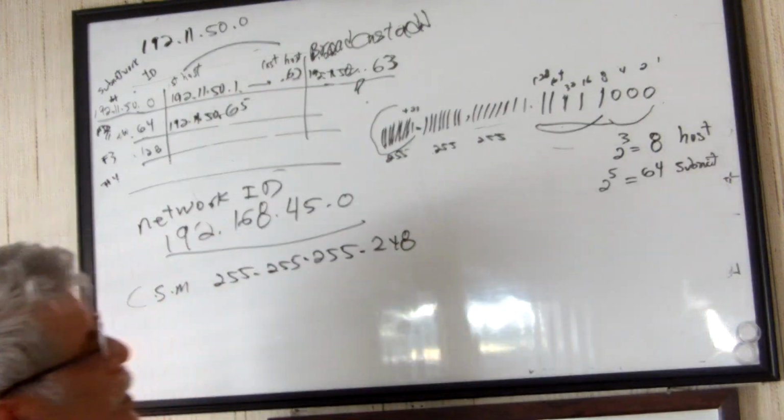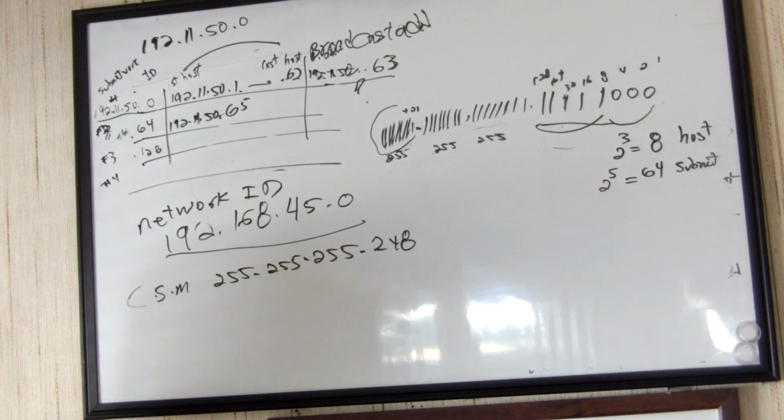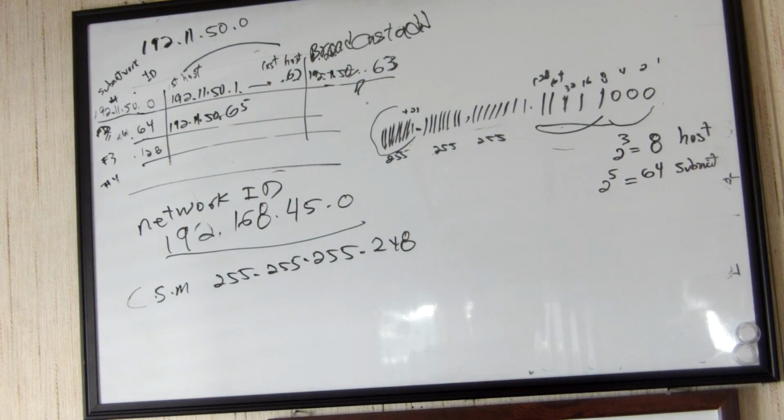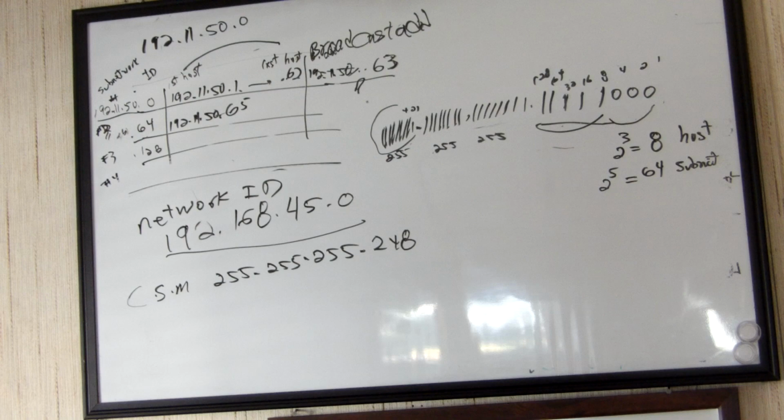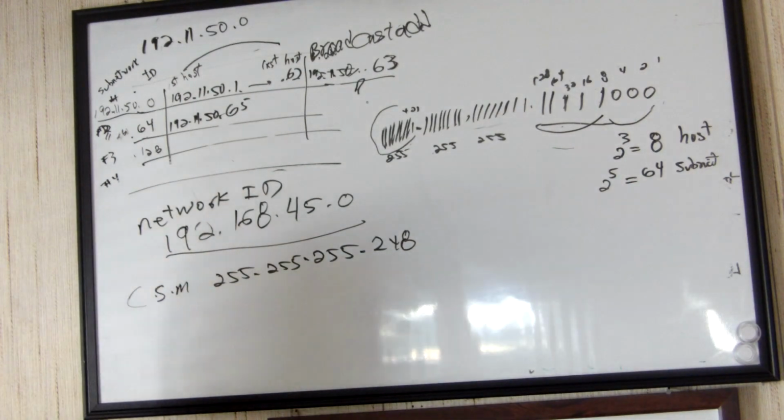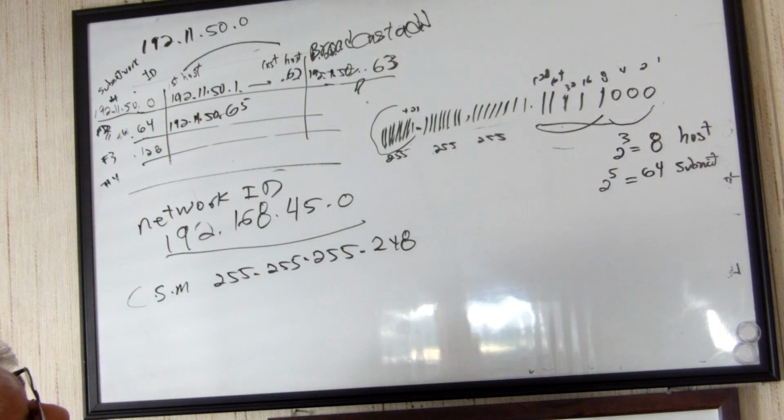Subnet. So you can get 8 hosts. There are 64 subnets, and in each subnet you have 8 hosts.